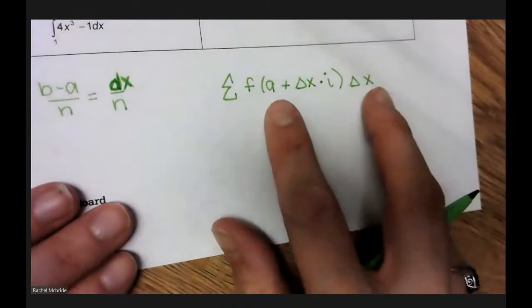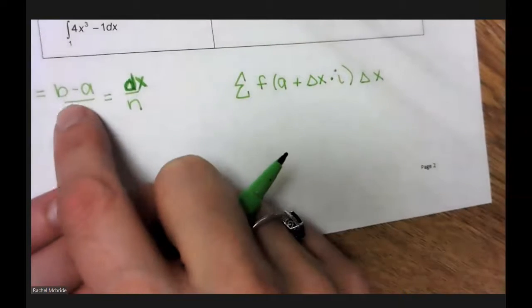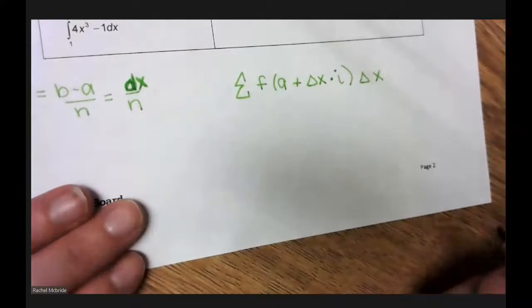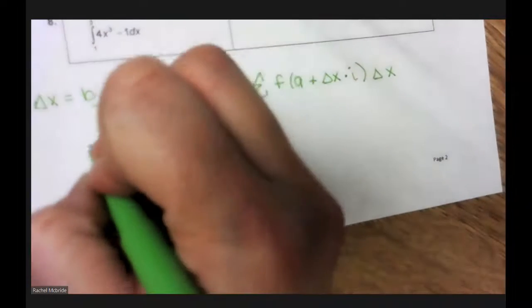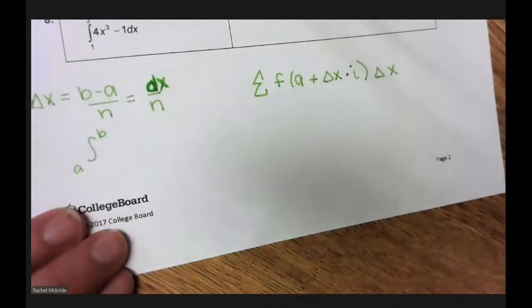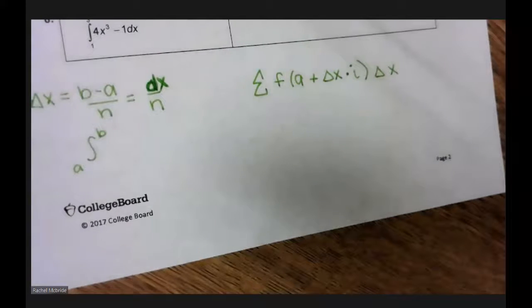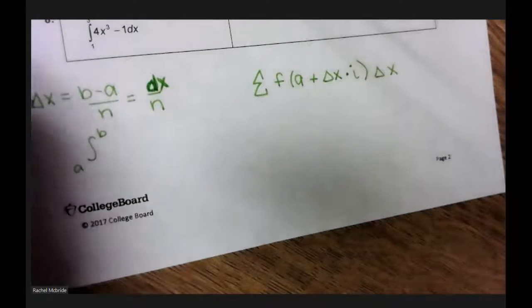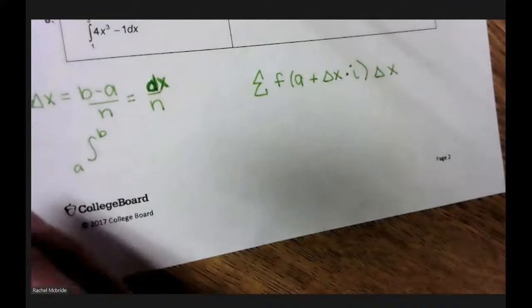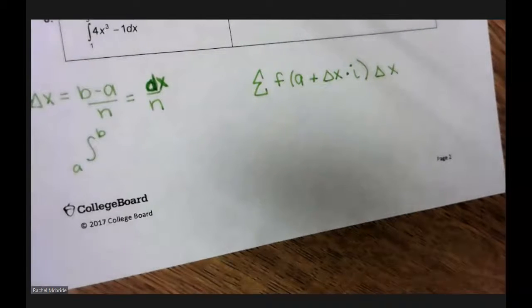The delta x comes from the values of the integral. That's where the b minus a are coming from. So these b minus a's are coming from your integral b minus a. So in example number 1, b minus a would be 6.